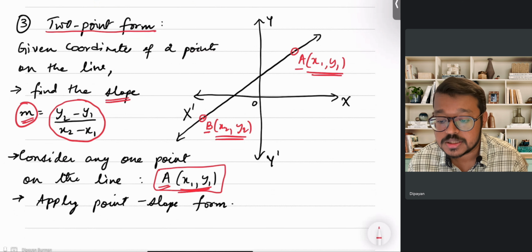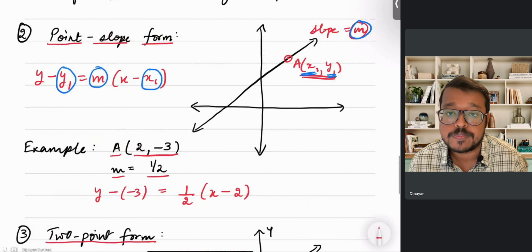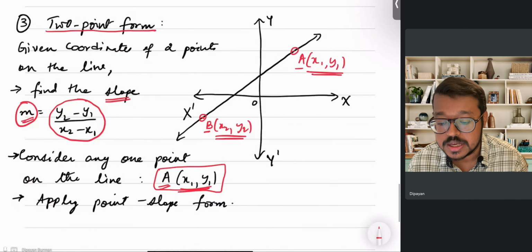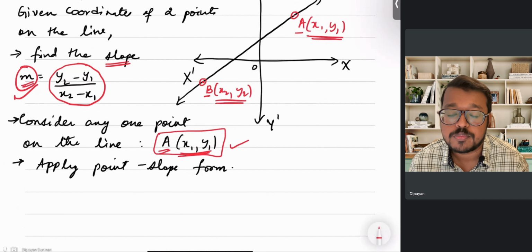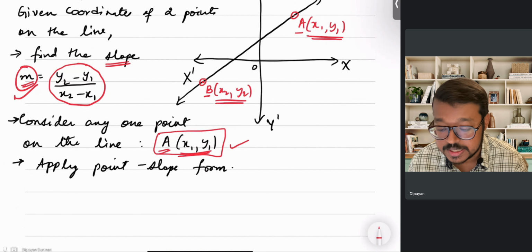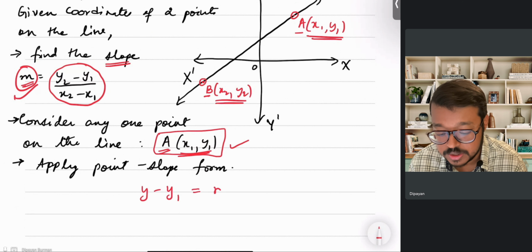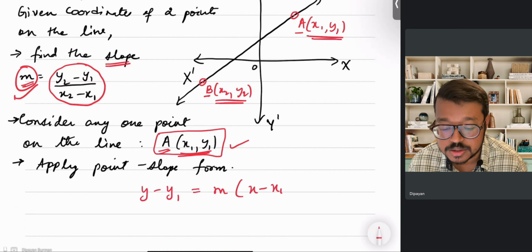Then this becomes what we discussed, point slope form, and we can apply this to get the equation of the line. So with slope m and coordinates of point A x1, y1, the equation of the line will be y minus y1 equals m into x minus x1.